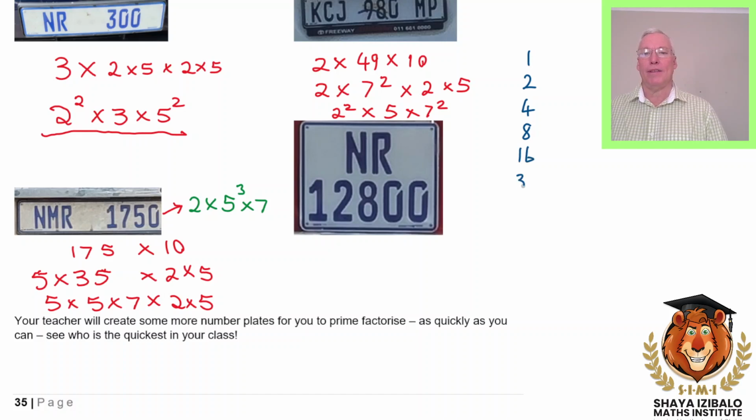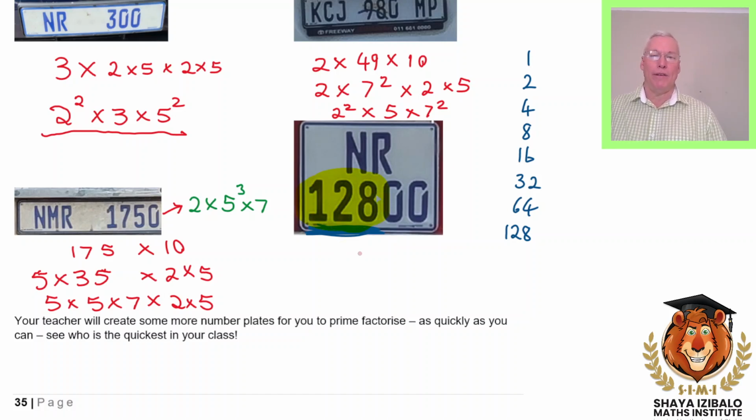That's 16, that's 32, that's 64, that's 128. All of these are just a whole lot of 2's multiplying together. This is 1 2, that's 2 2's, 3 2's, 4 2's, 5 2's, 6 2's, 7 2's. If you know your powers of 2, then you'll know that 128 is 7 2's multiplying together.